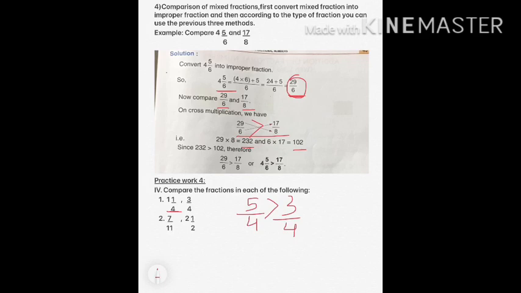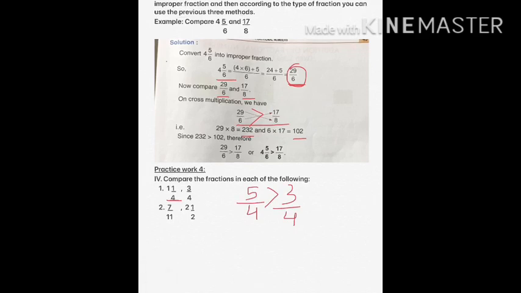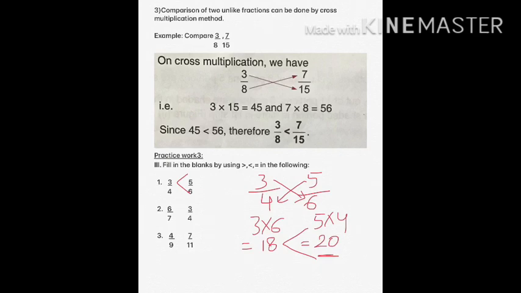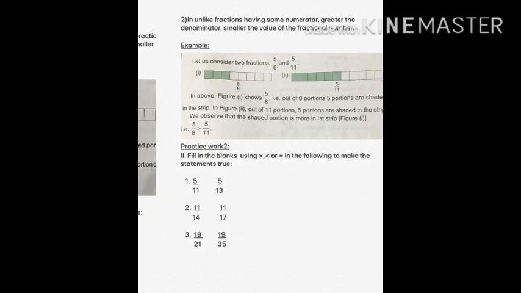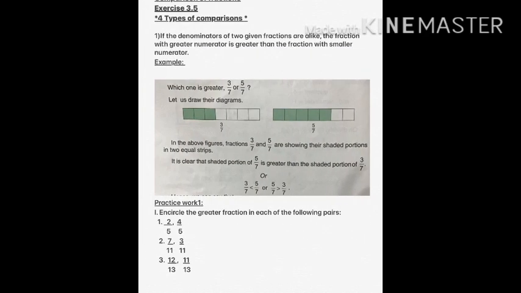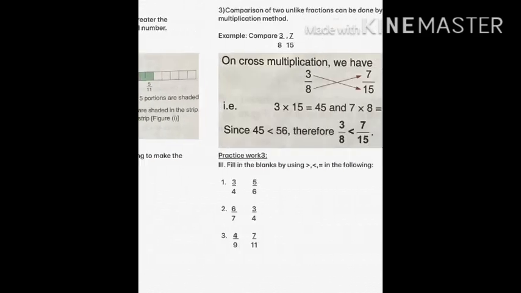Okay students, with the previous three methods given on the previous page, if both the numerators and denominators are unlike, then you can do cross multiplication. If the numerators are the same, then the fraction with the smaller denominator is bigger. And if it is a like fraction, then whichever has the greater numerator is bigger.